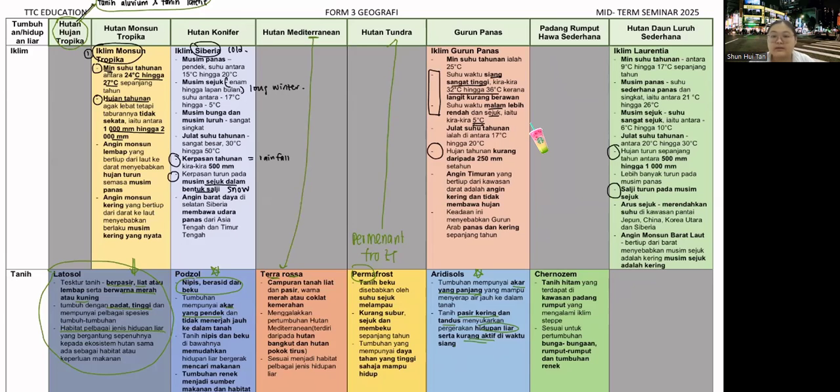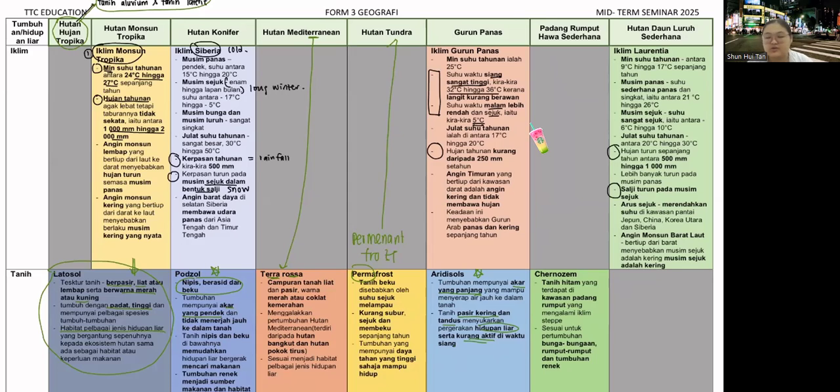All right. Now, and then Padang rumput, hawa sederhana. This one a bit tough for you to write. Now, so for Chernozem, it is the leftover one. All right, the leftover. There's no other things, right? Normally are like that.